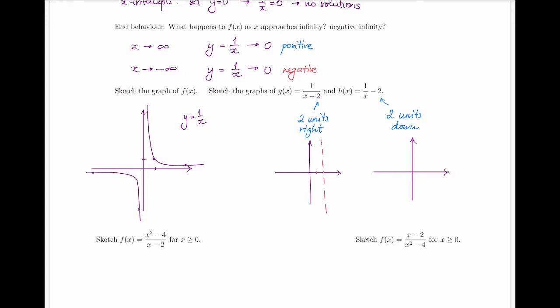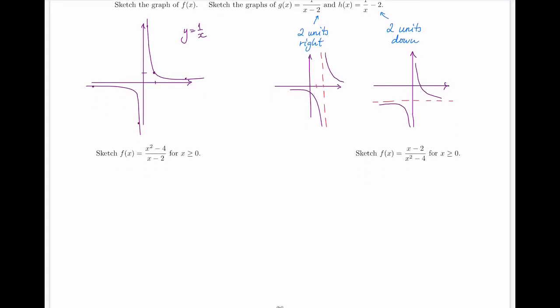And so now my graph will lie here, crossing now the actual y-axis, because x can now, take a look at the bottom, x can now be 0, but it cannot be 2. Here, everything got shifted down, including the horizontal asymptote. So the horizontal asymptote will now be here, and my graph will follow its vertical and horizontal asymptote. The vertical asymptote here did not change, so it will still be the y-axis.